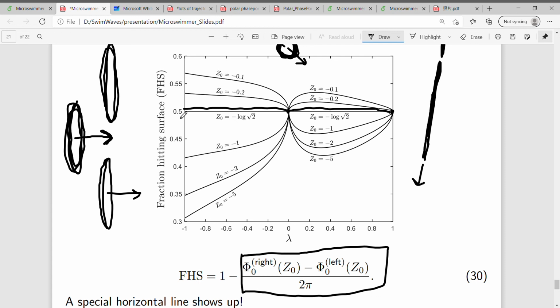And of course you have to assume an evenly distributed orientation for this bunch of microswimmers that you release at this depth.